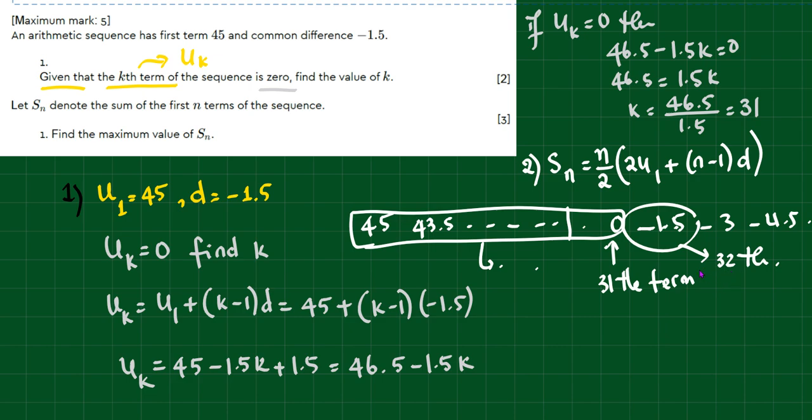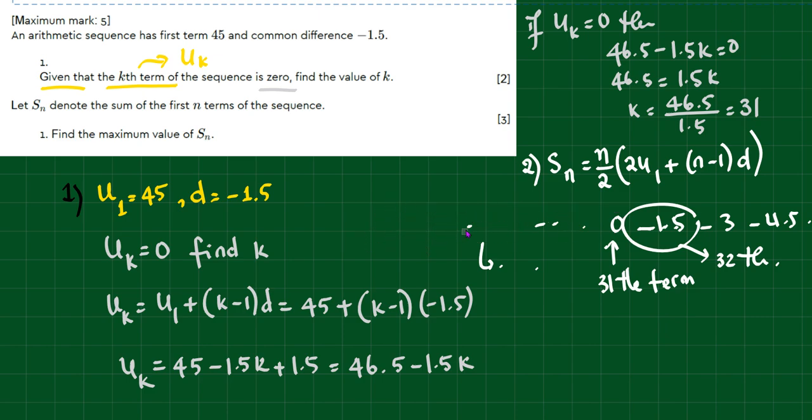Do you understand? So the maximum of Sn can be found from the sum of the first 31 terms. That's it.